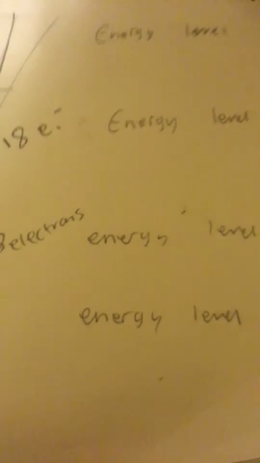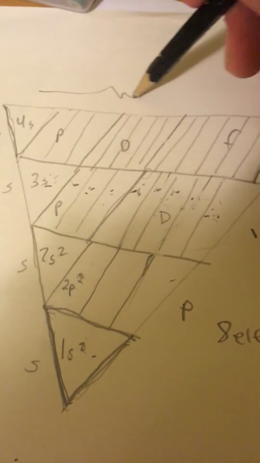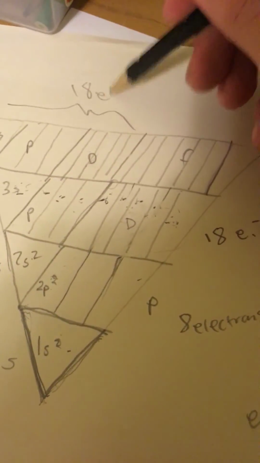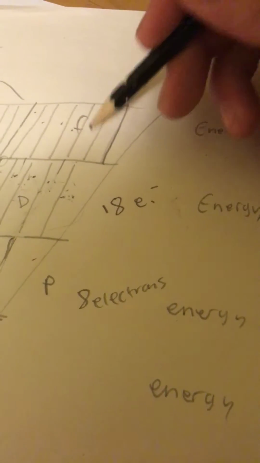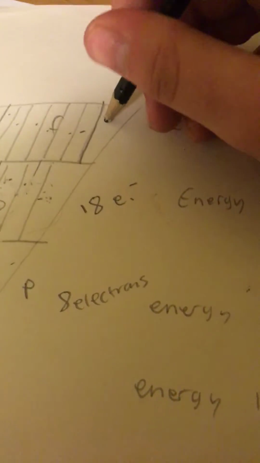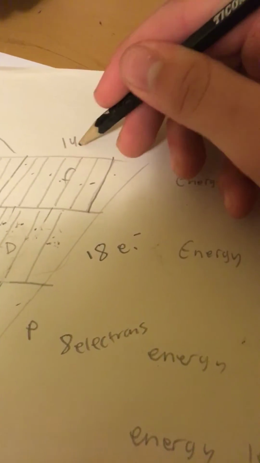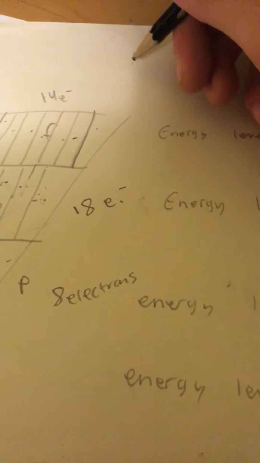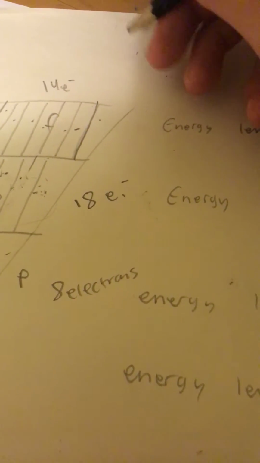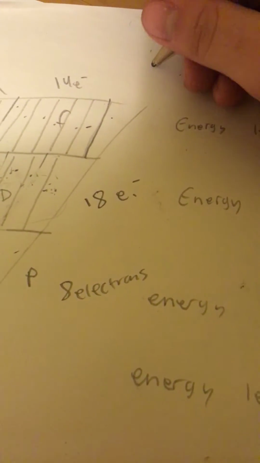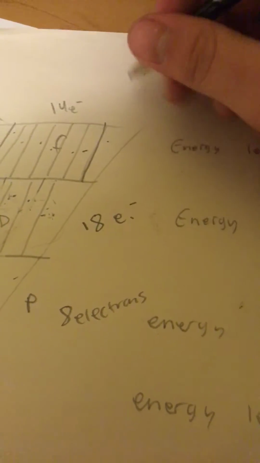Now, for this energy level 4, you have this 18 electrons, and then you also have 2, 4, 6, 8, 10, 12, 14. So you add those together, and you get a grand total of 32. I think it should be... Nope, 34 electrons.